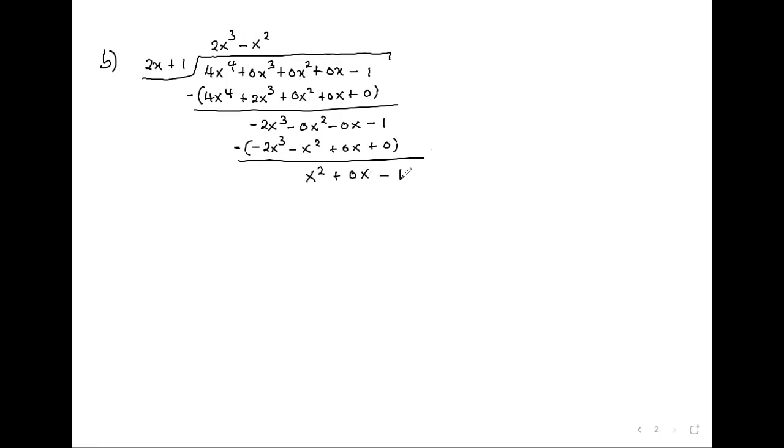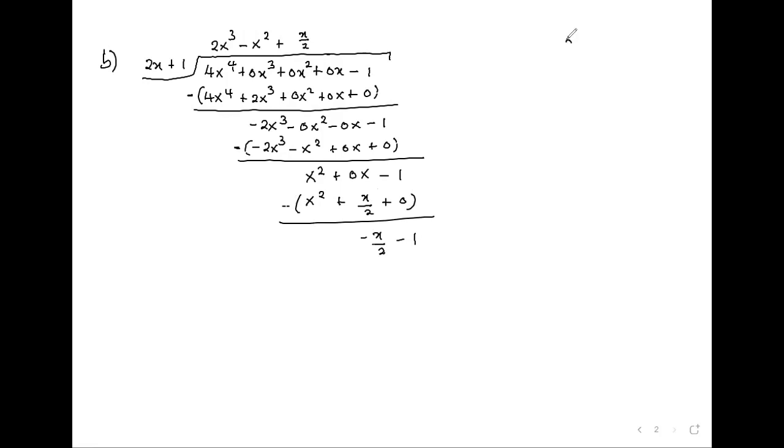Then now we divide again. X squared divided by 2x. We get plus x over 2. Then multiply. We'll get x squared plus x over 2, plus 0. We subtract, we get 0. We get negative x over 2 minus 1. Divide again.